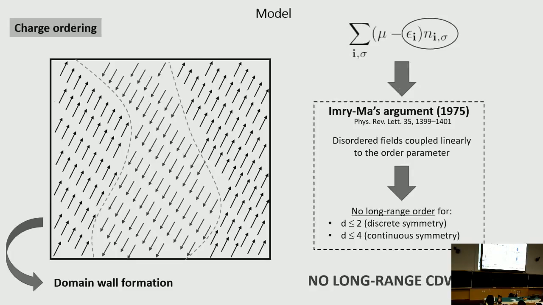Okay, but before we proceed, we have to be very careful from a theoretical point of view, because in the 70s, Imry and Ma showed that when you have a discrete symmetry in your Hamiltonian, which is our case, you have the creation of domains in your system when you put in disorder, and then you don't have a true long-range order in this kind of problem for a dimension less than 2.